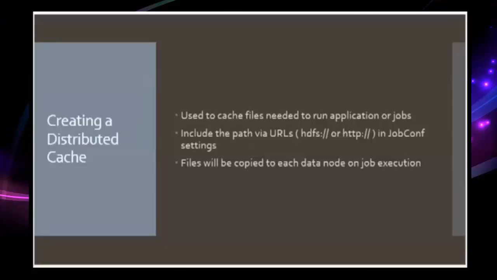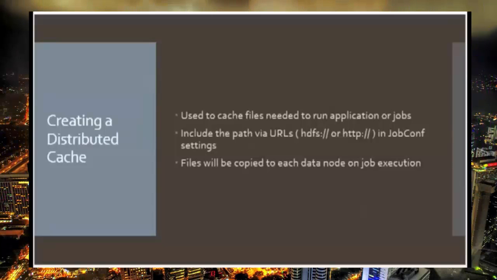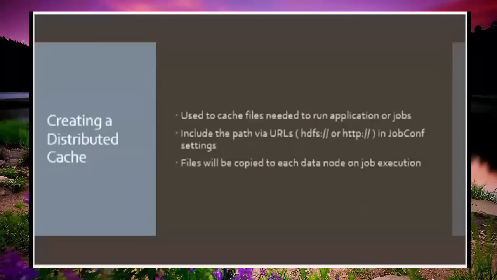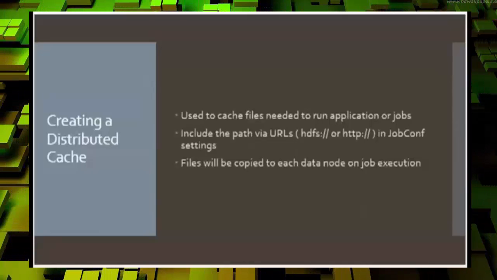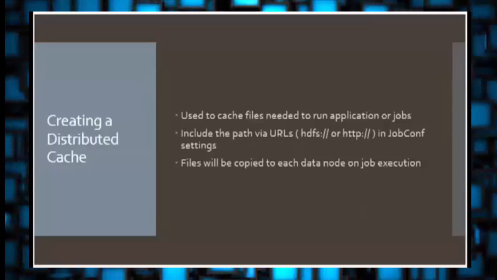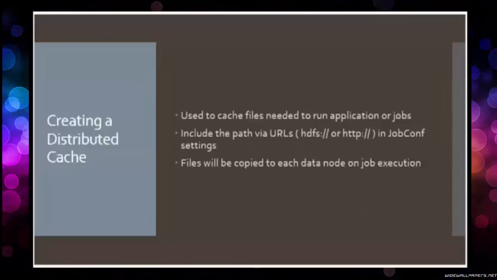We have one last optimization to talk about, and that's creating a distributed cache. What this is, it's used to cache files, things like text files, archives, jar files, that are needed to run applications or jobs. How you use this is you include the path to the file via a URL in the job configuration or job conf settings, and the paths can be to a location on the HDFS file system or on HTTP.